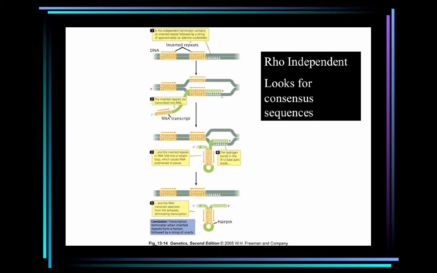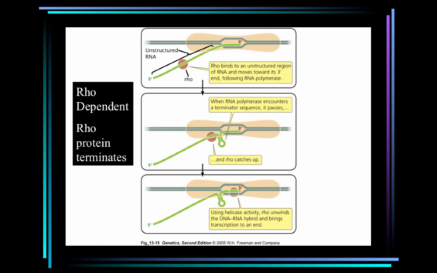And that is what the rho-independent mechanism really looks for. On the other side, rho-dependent is where an actual protein will come in and terminate the synthesis. So rho-independent really looks for a consensus sequence, while rho-dependent is where another protein comes in and terminates the sequence.